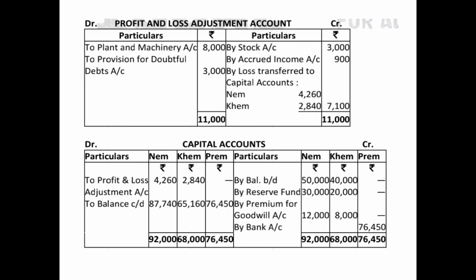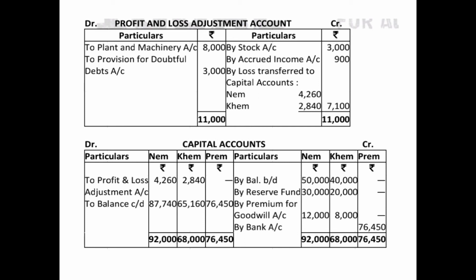Then we have distributed the reserve fund as undistributed profit, which will increase their capital, and therefore it will be shown on the credit side as by reserve fund, Naman 30,000 and Kalam 20,000. Why? Because we have distributed reserve fund in the old ratio of 3:2, and since undistributed profits are distributed only among the old partners, we have not given anything to Prem.